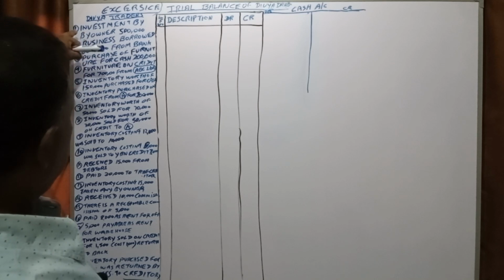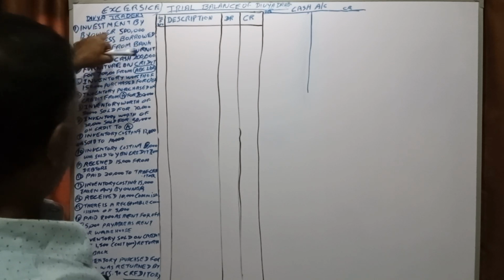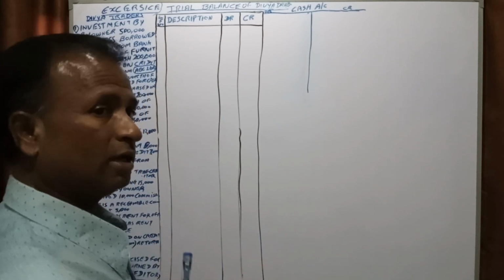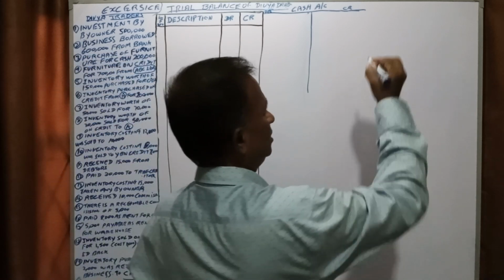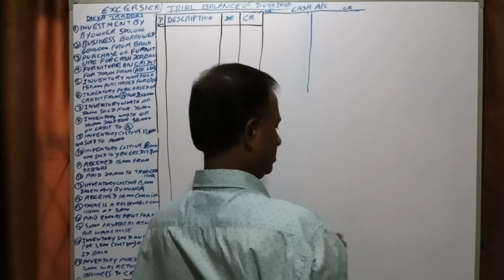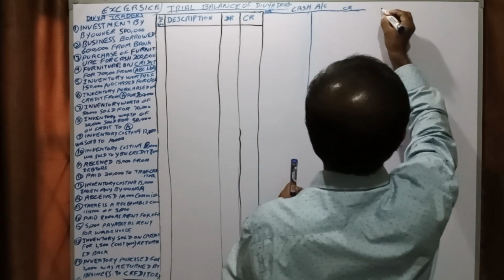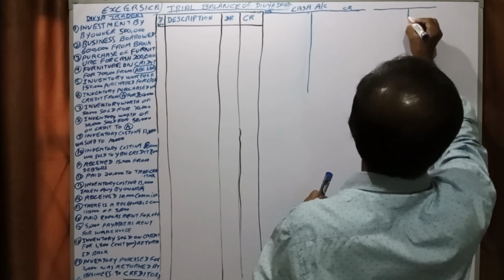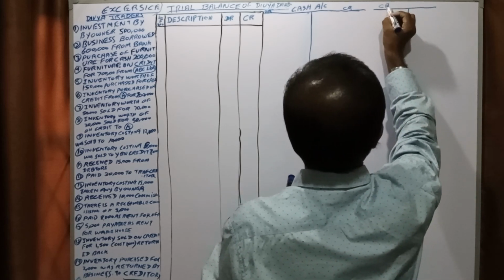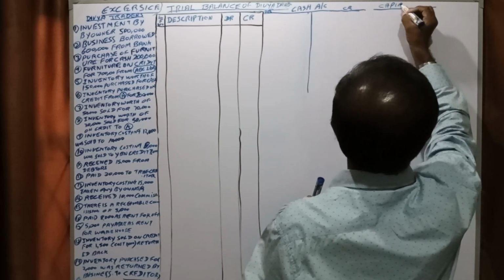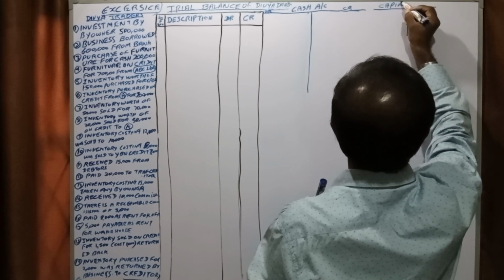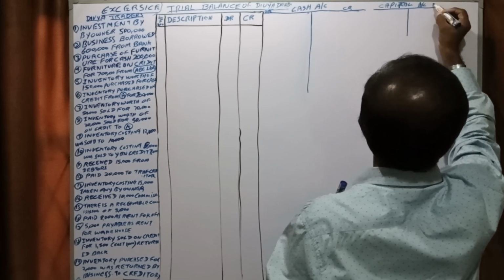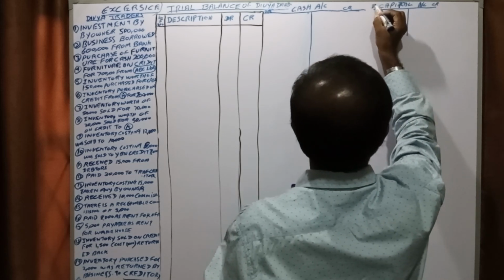If you see investment by owner 500,000, then the cash account is going to be affected, and the other one is the capital account. We are going to open the capital account. This is credit and this is the debit side.